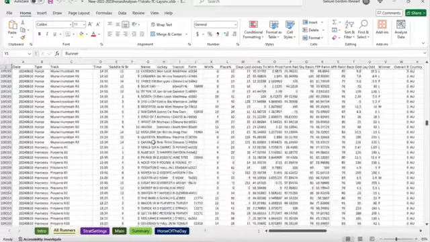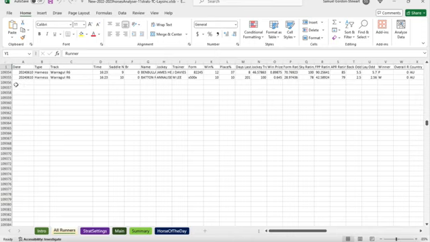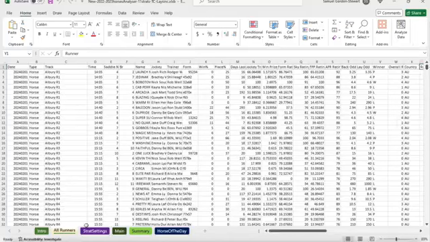I'll just scroll a little bit further. There we go. So at the moment I have 109,355 runners in races in this spreadsheet. So it's a lot of data to crunch, but it can be very, very useful.